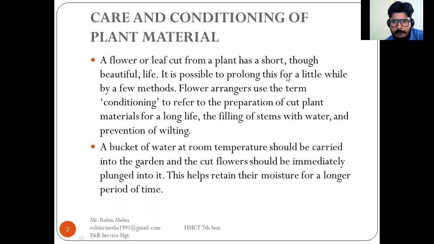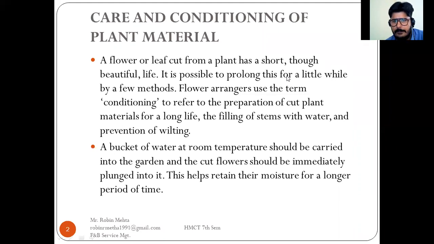We all know that after cutting the plants from the garden, they have a very short life, for 2 or 3 days, or some plants have a life of 7 days, but not more than that. So we have to take so many precautions and so much care of those plants to give them long life.